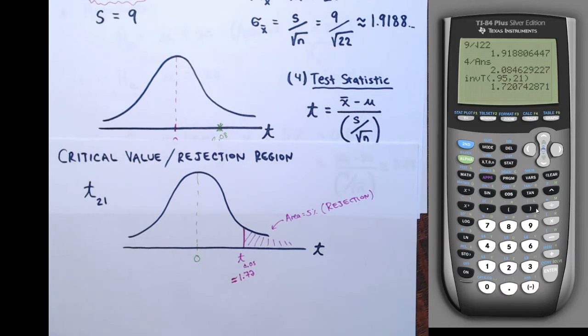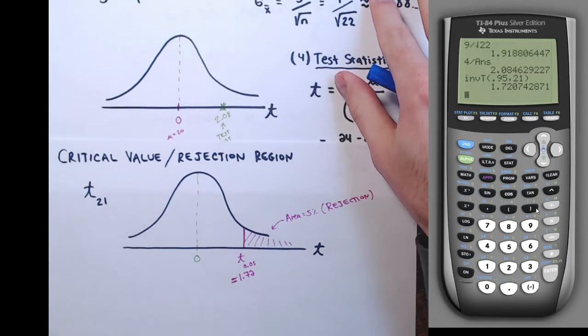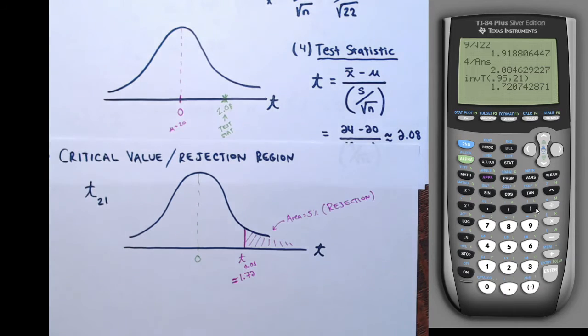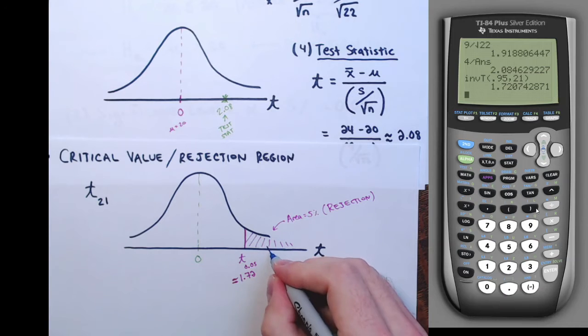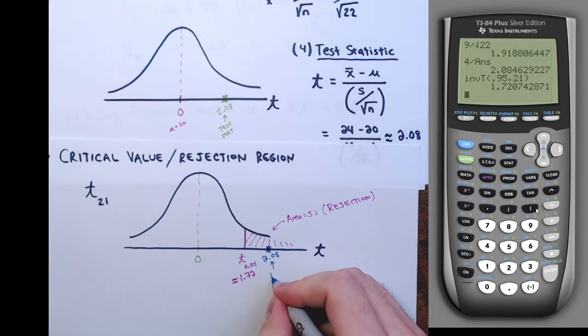And where did our test statistic fall? Well, remember our test statistic from earlier was 2.08. Where does that fall? Well, that's definitely beyond 1.72, and I'll mark it off here. Here's 2.08. Again, our test statistic.